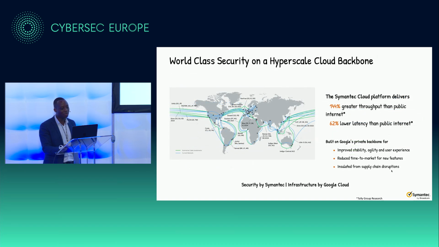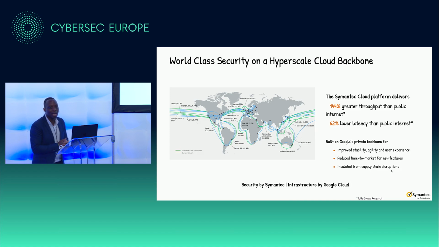Another way we make sure that this solution is really proof, and also offer a better user experience, is that it's a cloud solution delivered in Google Cloud. So we are using the Google backbone. I don't want to tell you that Google Cloud backbone is the best one, but you also use it every day in your life.